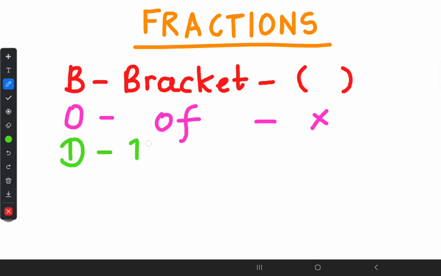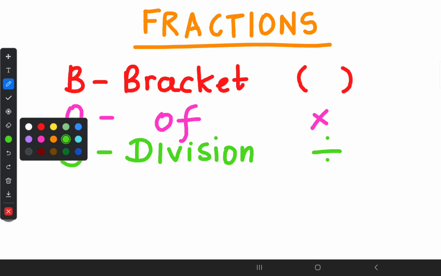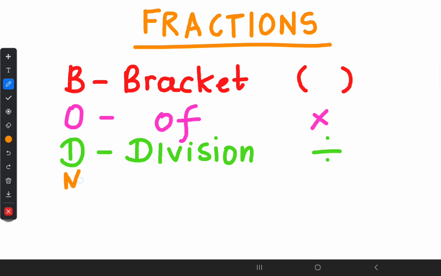D means division. Division, you already know what is division. Then after we have multiplication. BODMAS. M means multiplication.